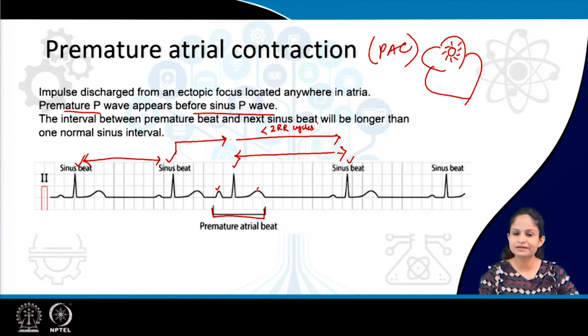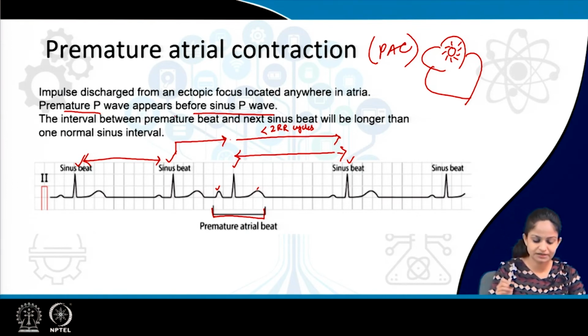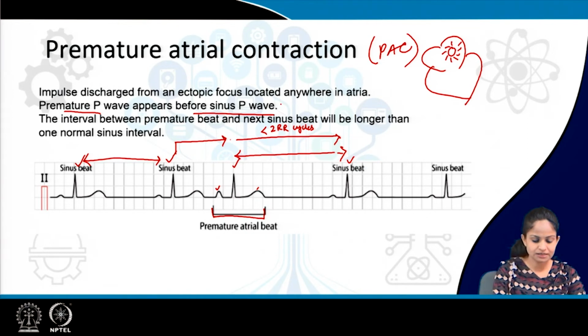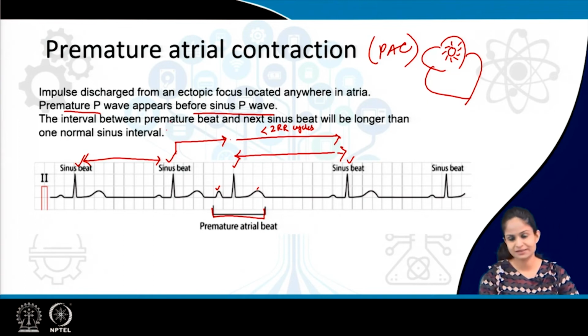Here the premature P wave is present, which should always appear before the sinus P wave, and the interval between the premature beat and the next sinus beat will be longer than one normal sinus interval. So, this is about the premature atrial contraction.